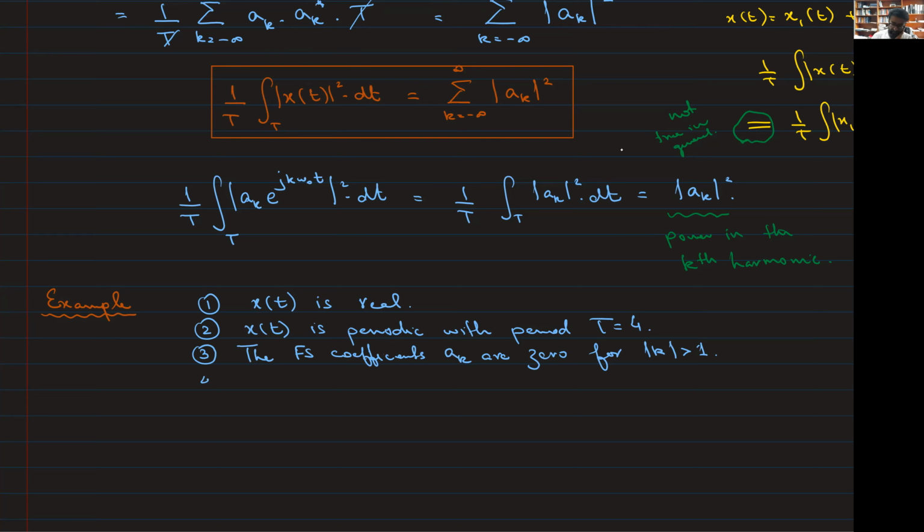And the fourth condition is that the signal which has Fourier series coefficients given by b_k equals a_{-k} times e raised to the power j k pi by 2 is an odd signal.